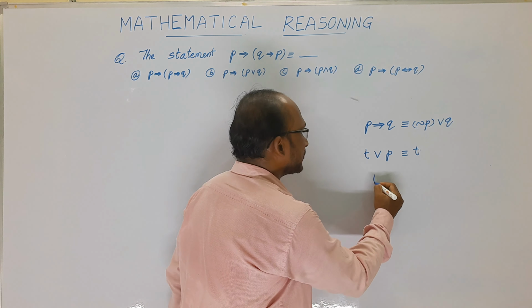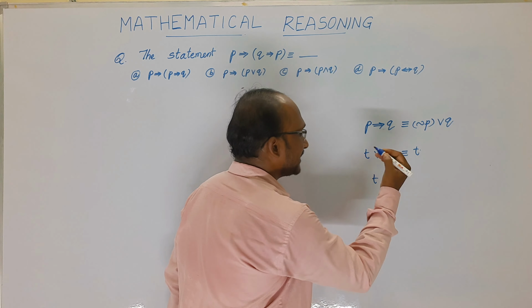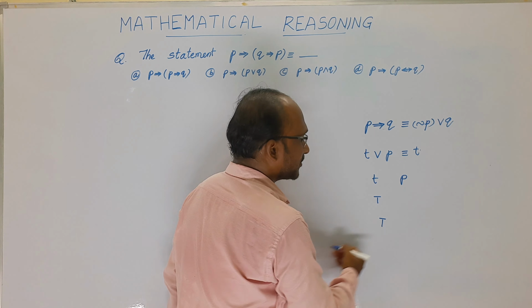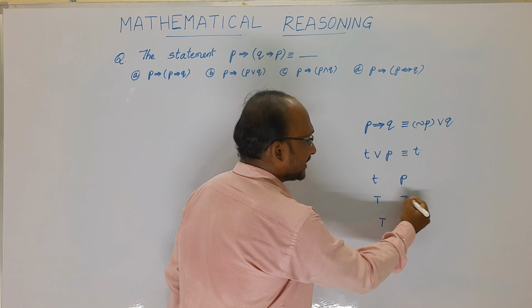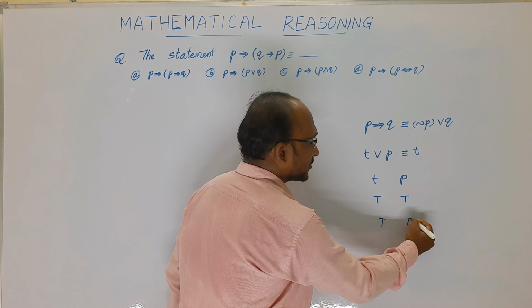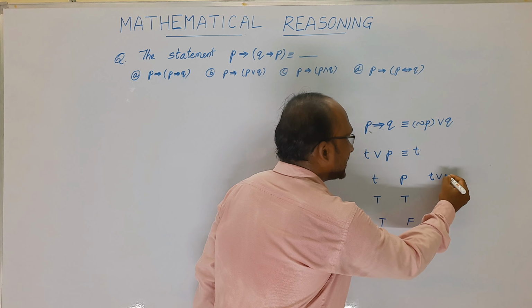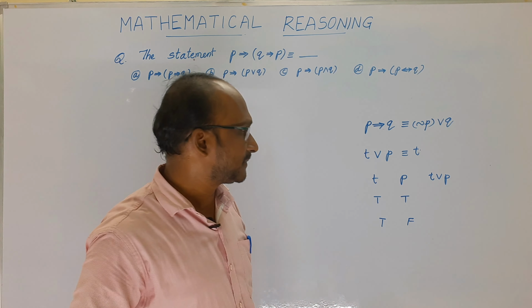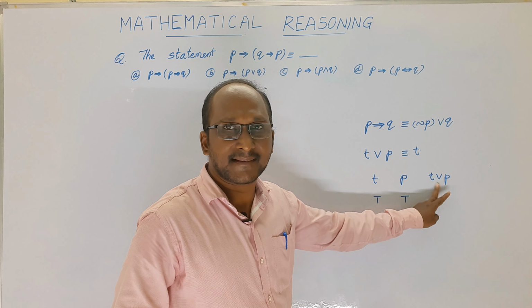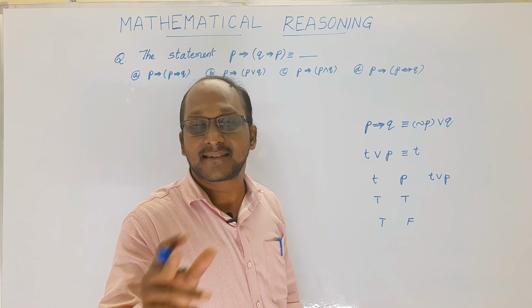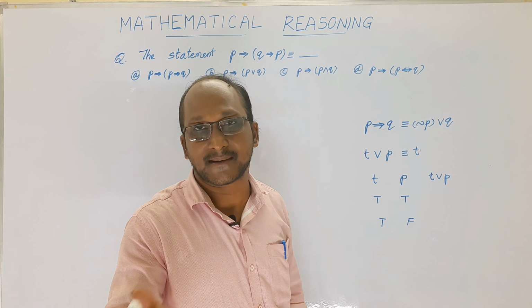With the help of truth tables we can easily decide. T means always true. For P there are two possibilities, either true or false. Now let us write T or P, that is disjunction of the statements T and P. Disjunction is false only when both the statements are false.